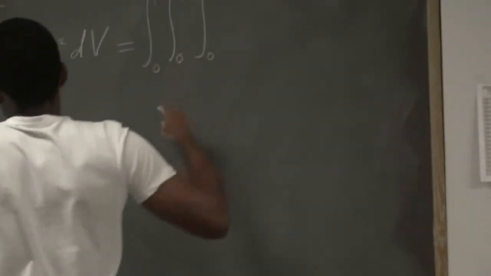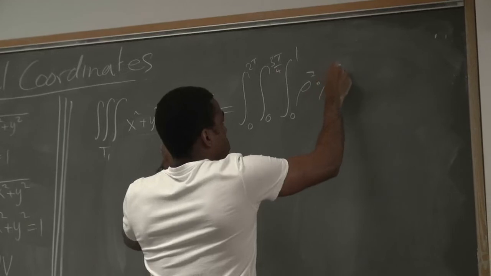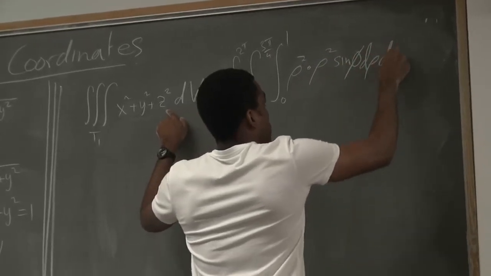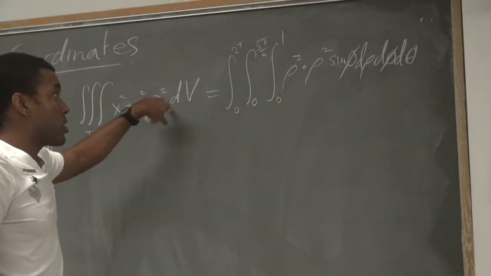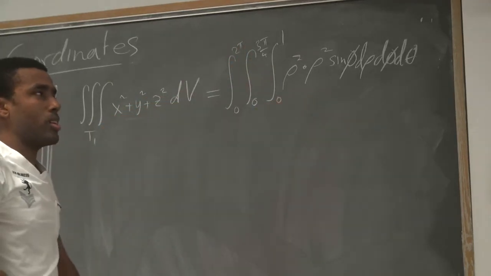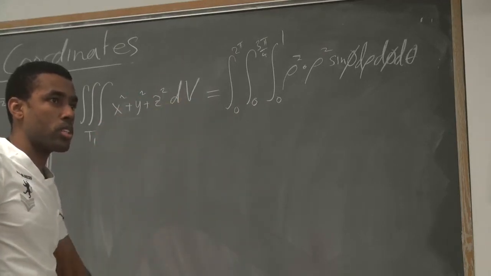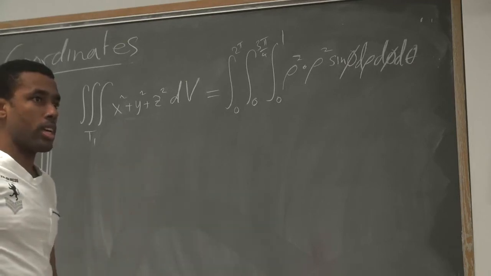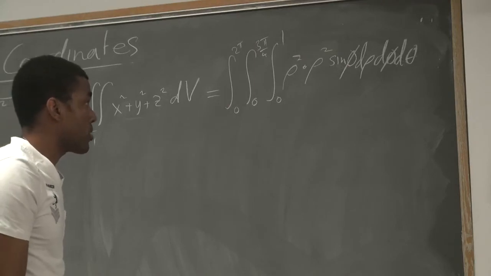The integrand x squared plus y squared plus z squared is just rho squared, and then you multiply that by rho squared sine phi d rho d phi d theta. So you end up with a single triple integral and the limits are all constants, whereas with cylindrical you'd end up with two triple integrals where the limits on z would have to be functions. So this is one case where you see that spherical actually does help you. And that was the setup for that.